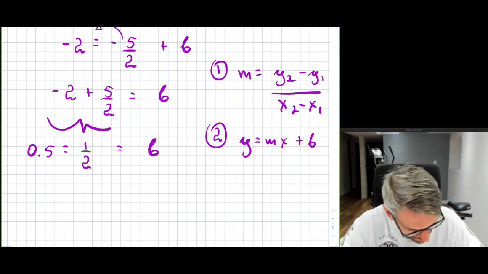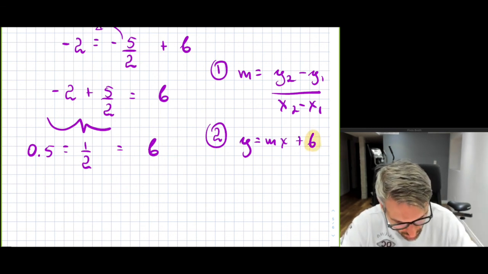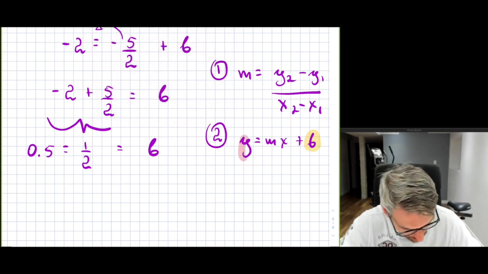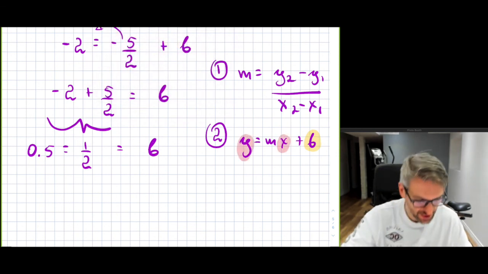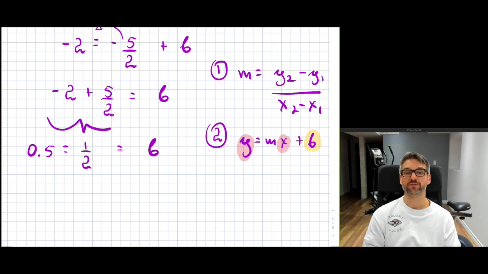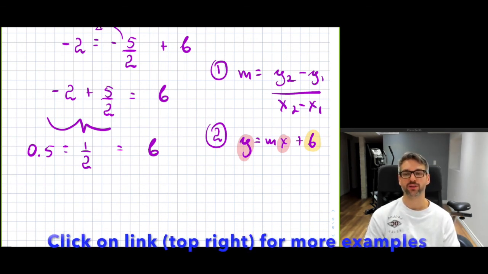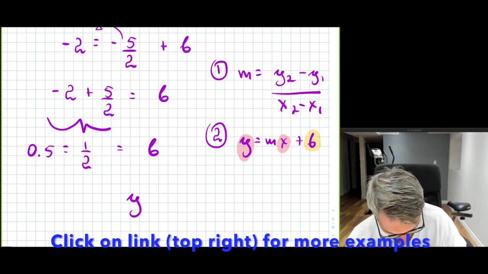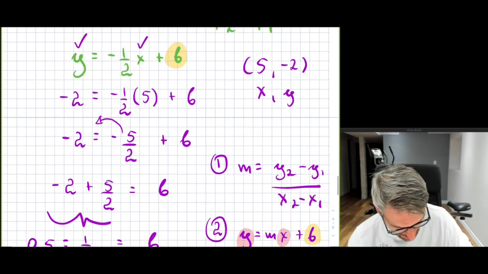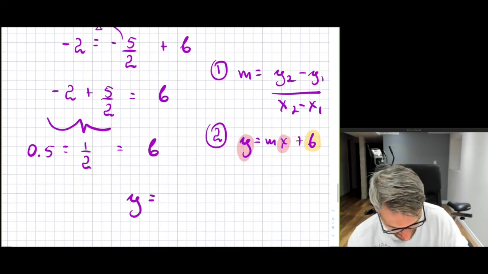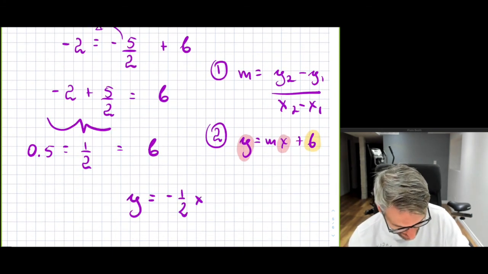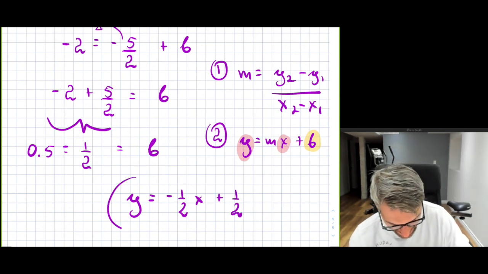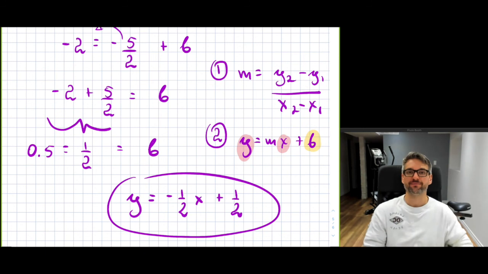Take one of the points, substitute it for y and for x once you have the slope, and then you can solve for b. And you will obtain your overall equation. And in this case, the overall equation is y is equal to negative 1 over 2x plus 1/2. That was your equation.